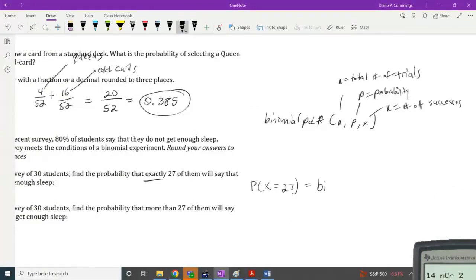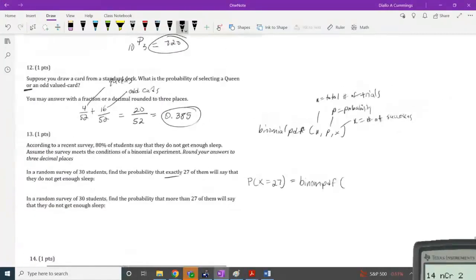So this is going to equal a binomial PDF. What is N? Well, N is the total number of students, or the fixed number of trials. In this case, they surveyed 30 students, so my first parameter, N, is 30.